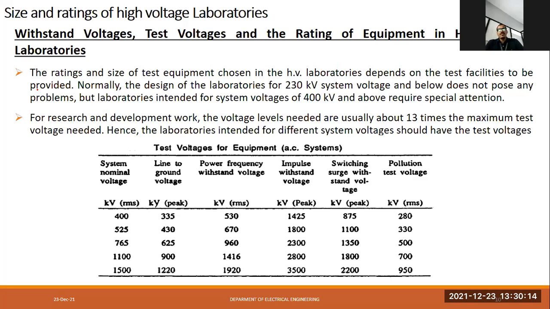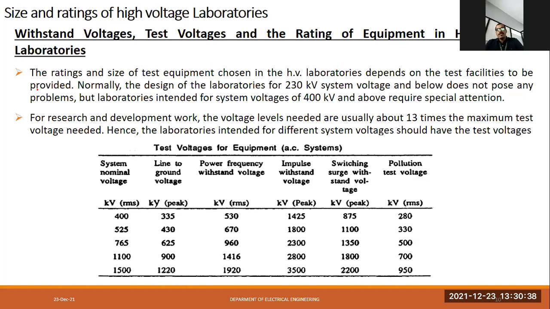Laboratories used for testing purposes are certainly used for research as well as development work. In those cases, the voltage level we require is around 1.3 times the maximum test voltage needed.